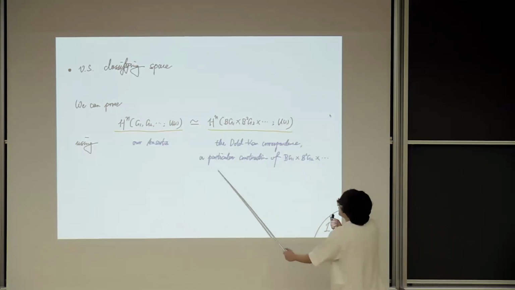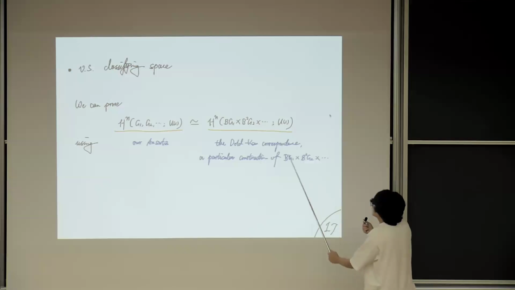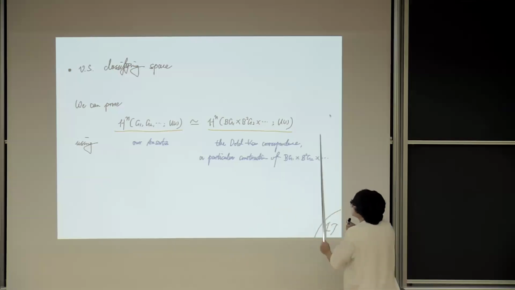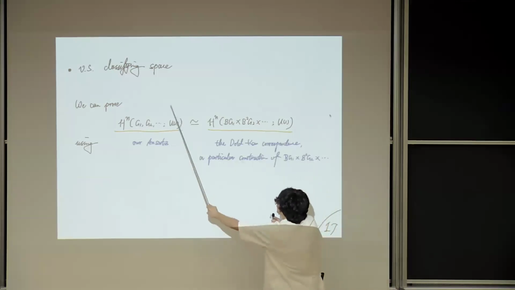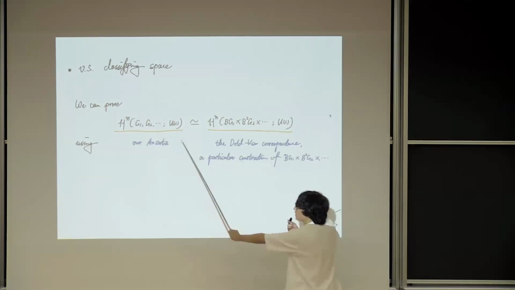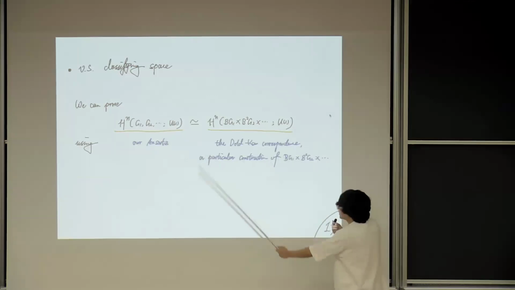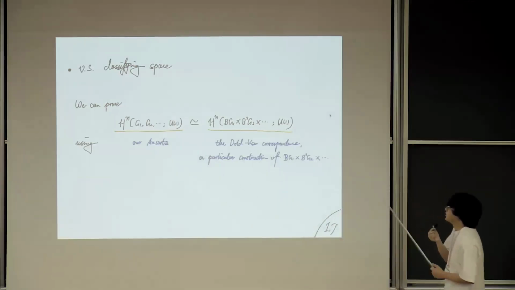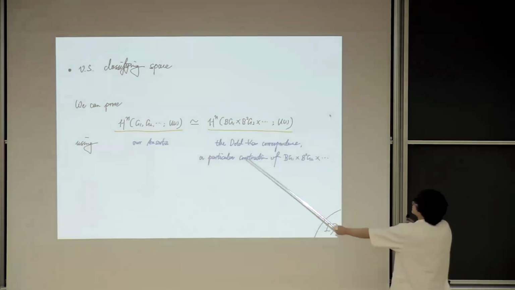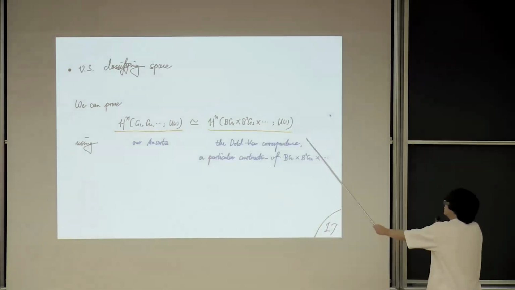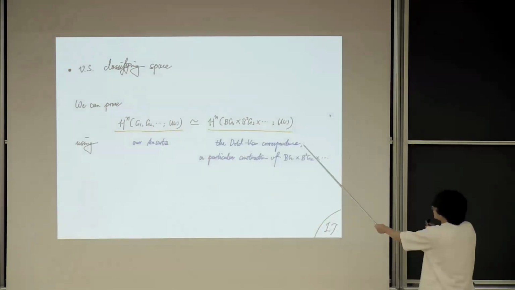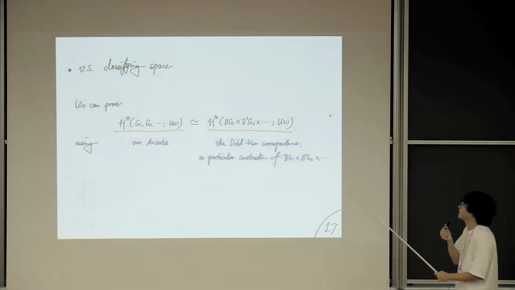If we evaluate the cohomology of those spaces according to the Dold-Kan correspondence construction, then we can see, or say recover, our ansatz. Of course, there are many intermediate steps, but I will not go into detail in this talk. So this means our construction is correct, as it should be. This is not something surprising.